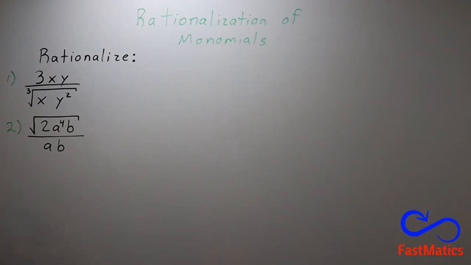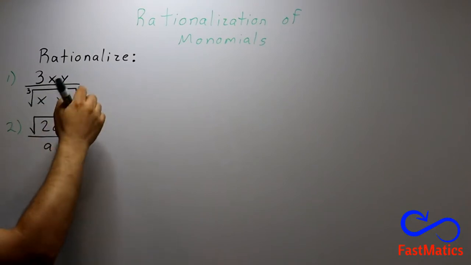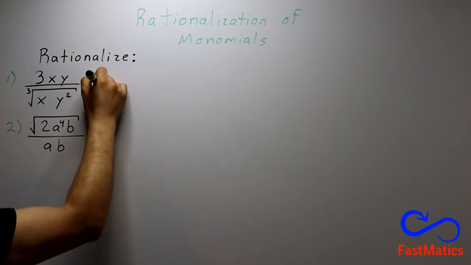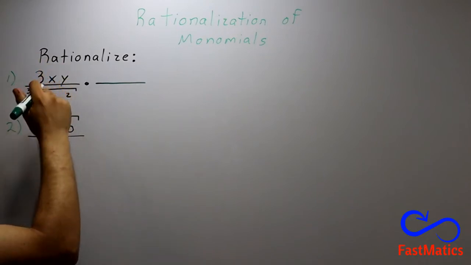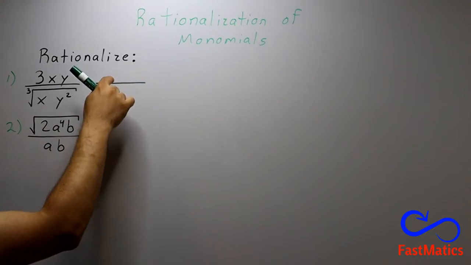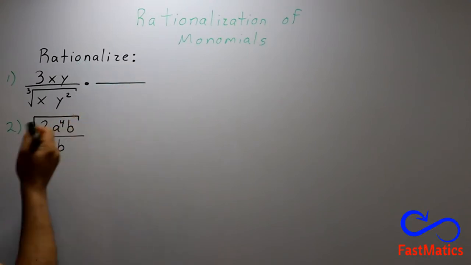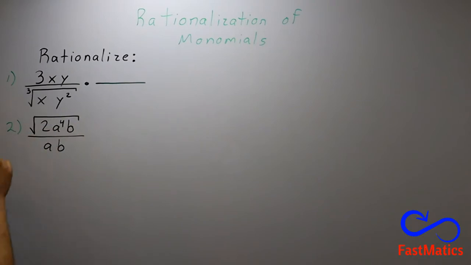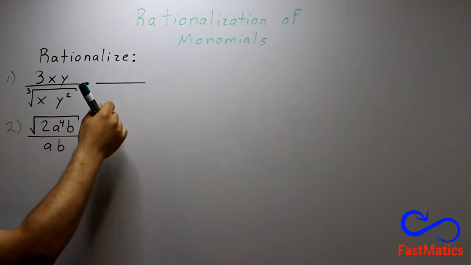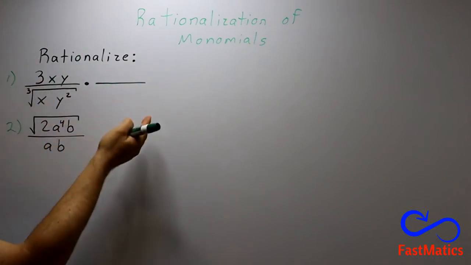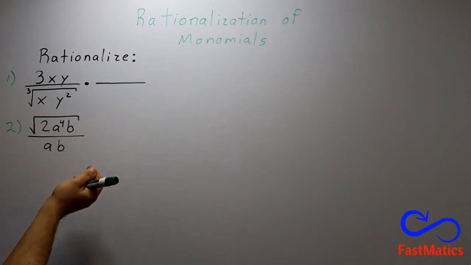First of all, if we want to make this cube root disappear from here, we are going to multiply this fraction by two identical monomials. Because if you multiply something by the same thing divided by the same thing, you are multiplying the expression by 1. And if you multiply one expression by 1, it is the same expression.